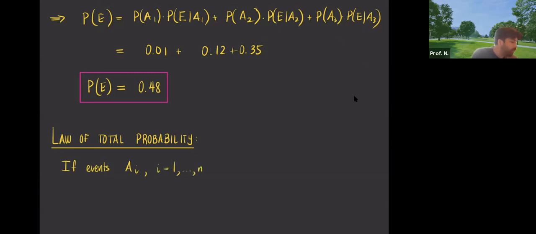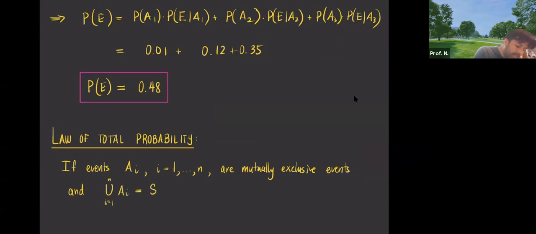So if A1 through An are mutually exclusive events, and I'm going to write it as the union as i goes from 1 through n, so if you take the union of all the A sub i, this gives you the sample space S.